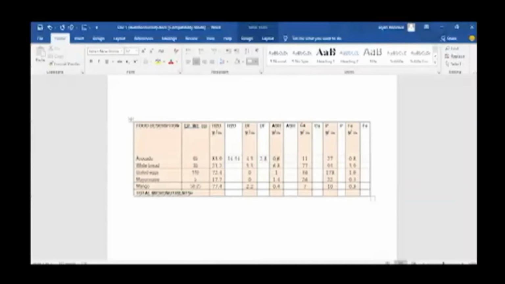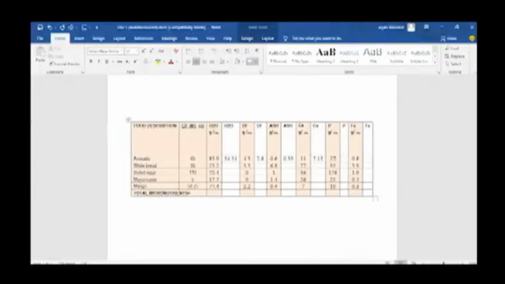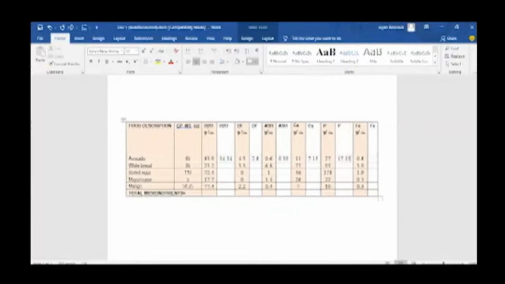Then ash is 0.6 times 65 divided by 100, 0.39. Calcium, 11 times 65 divided by 100 is equal to 7.15. Then for phosphorus, 27 times 65 divided by 100 is 17.55. And for iron, we have 0.8 times 65 divided by 100 is equal to 0.52.